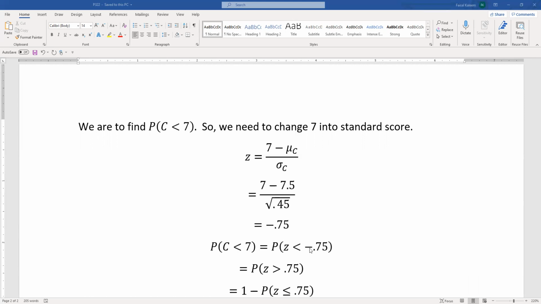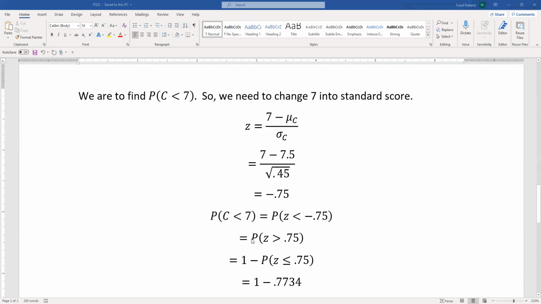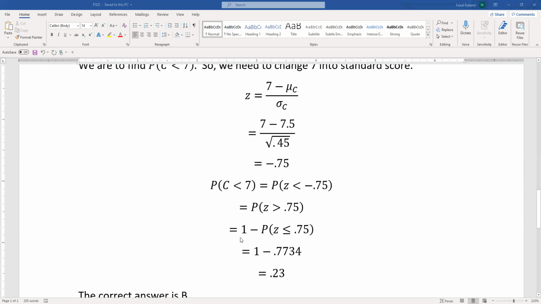The tables don't have negative values, so by symmetry this is the probability of Z being greater than 0.75. And again the tables go in the cumulative direction, which is less than or equal to, so we change that into 1 minus the probability Z is less than or equal to 0.75.